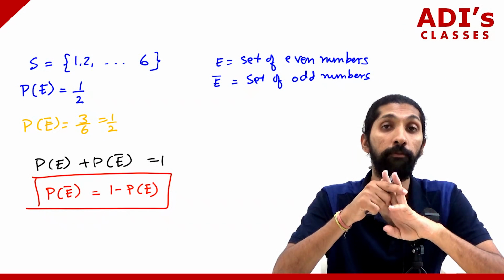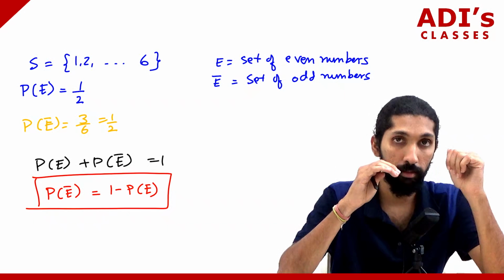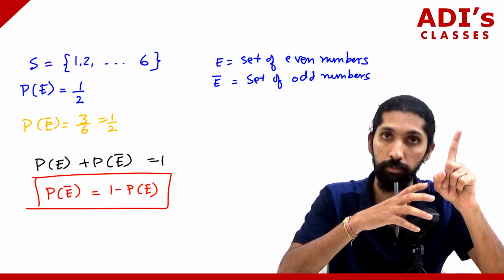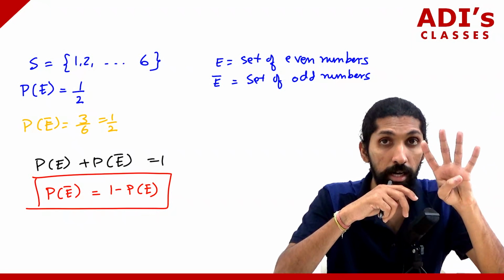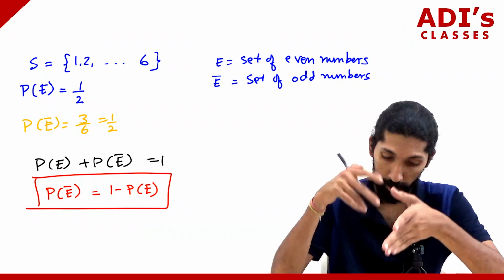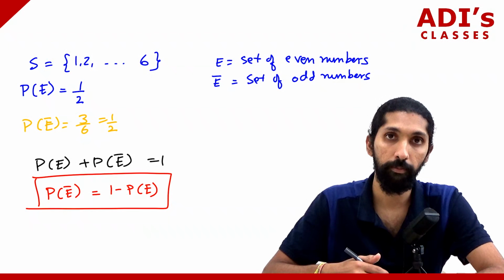Next, if you have multiple events like E1, E2, E3, the sum of their probabilities is going to give us 1. Finally, the fourth concept you've learned is the complement of an event: P of E complement is 1 minus P of E.